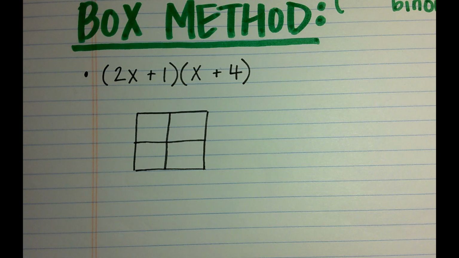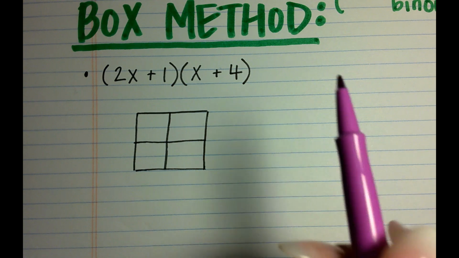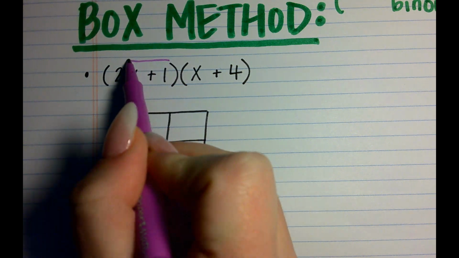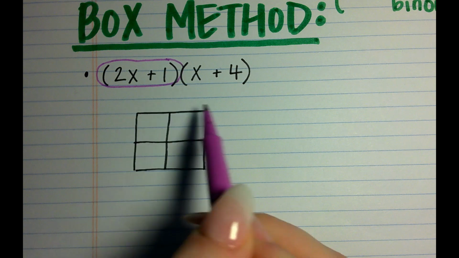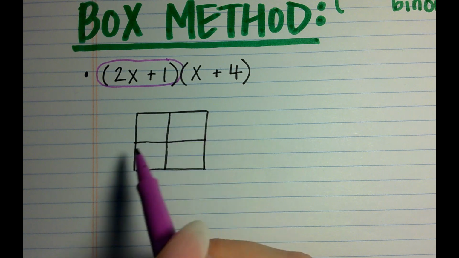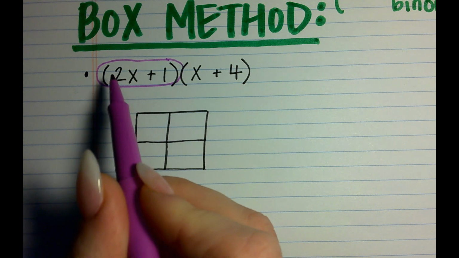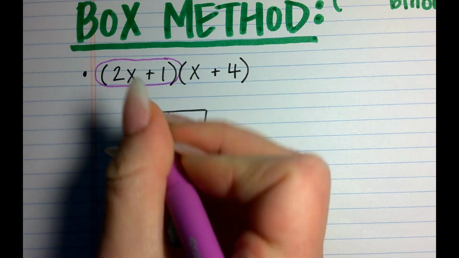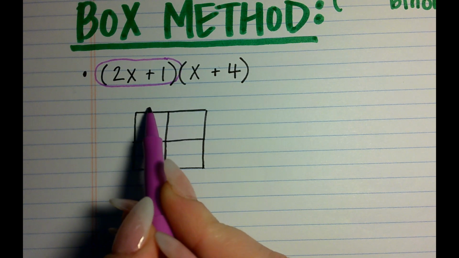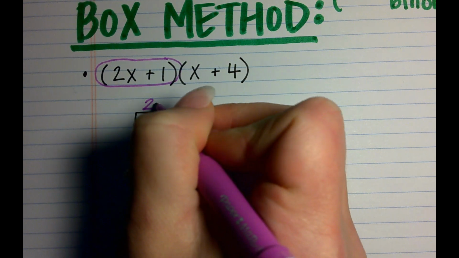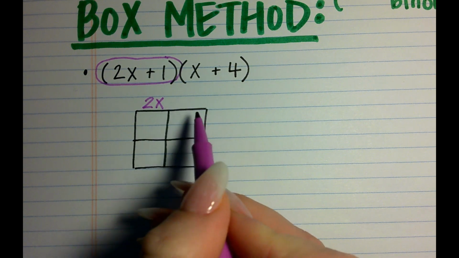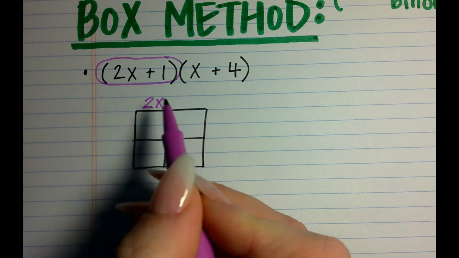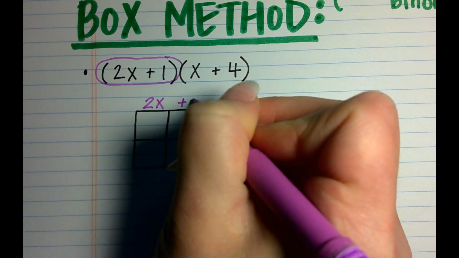And here is how I'm going to use the box. I am going to start by taking my first binomial and writing it on top, lining it up with the boxes. So my first term is 2x, right above this first box, and in the second area above the boxes, I'm going to write plus 1.